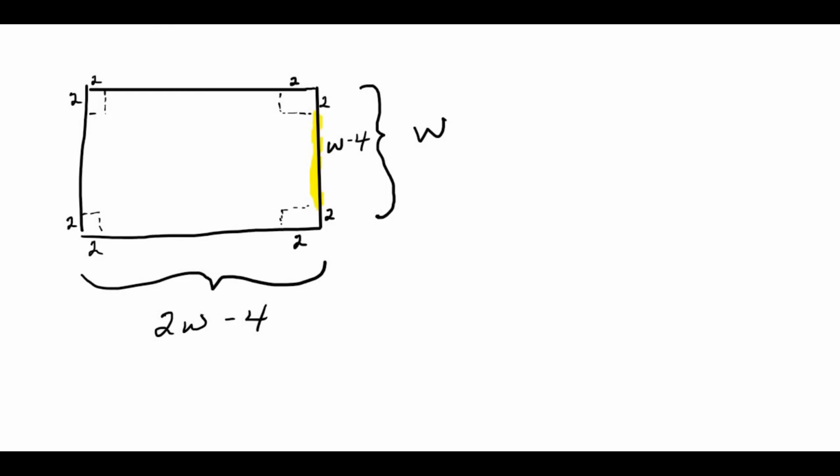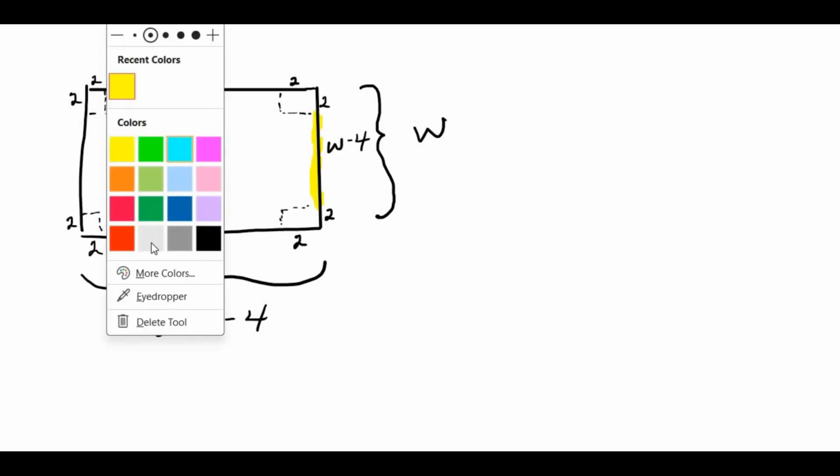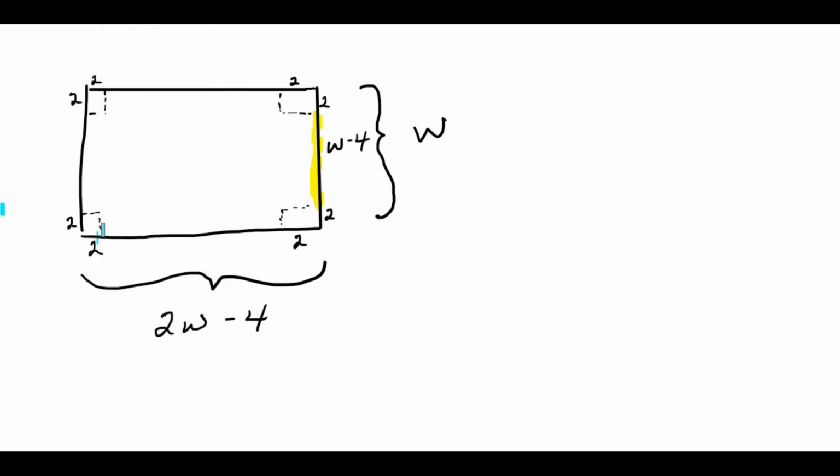And a similar thing with what I'm going to highlight in blue down here. Remember, this whole bottom line of the rectangle is 2W minus 4, but I'm taking off an additional 4 inches, so this is going to be 2W minus 8.